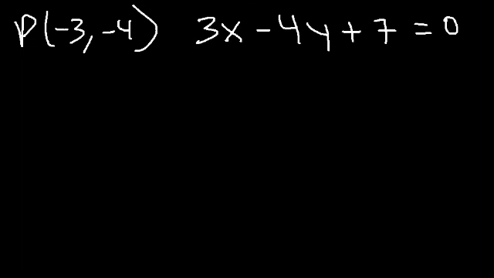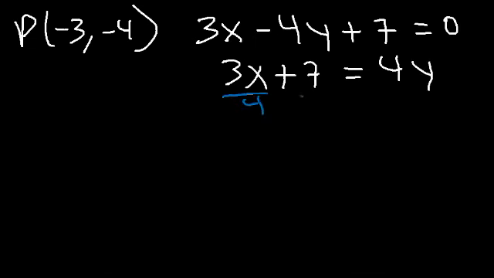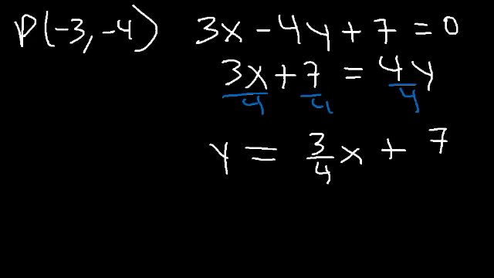So let's add 4y to both sides. So it's going to be 3x plus 7 equal to 4y. So to solve for y, let's divide every term by 4. So if we reverse the equation, y is equal to 3 over 4x plus 7 over 4. So the slope of this line is 3 over 4.